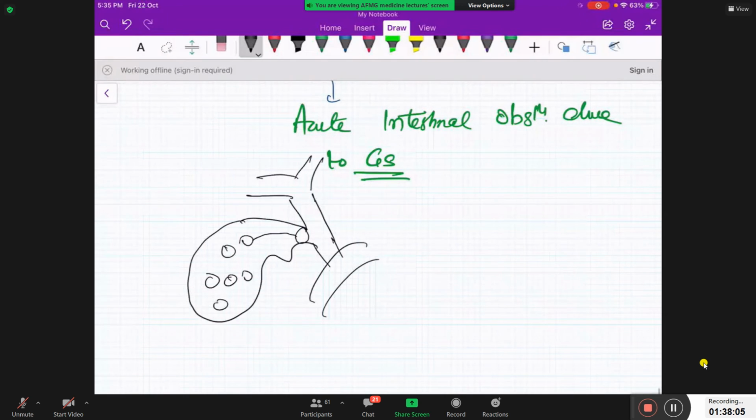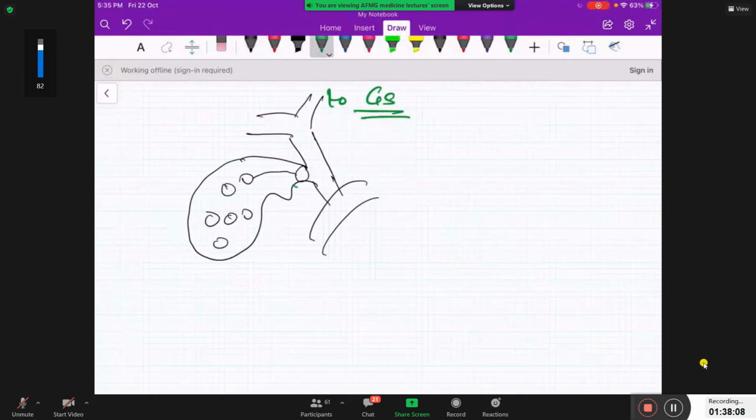You started conservative treatment, there was inflammation here, right? You made the patient nil per oral, started IV antibiotics, started anti-inflammatory drugs. The moment you start anti-inflammatory drugs and the antibiotic, this inflammation subsides. The moment this inflammation subsides, you can appreciate here, this stone was stuck because of the inflammation.